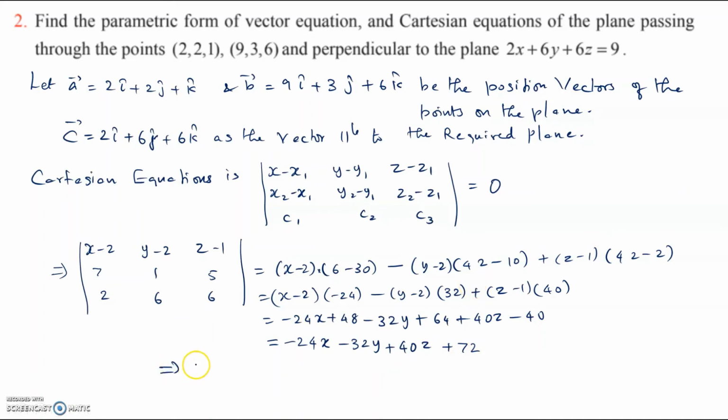This implies minus 24x minus 32y plus 40z plus 72 is equal to 0, and we can take 8 which is common to all. Dividing by minus 8, this equation will become 3x plus 4y minus 5z minus 9 is equal to 0. This is the Cartesian form of the equation.